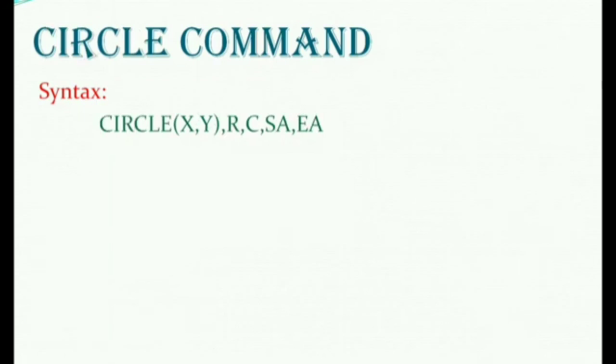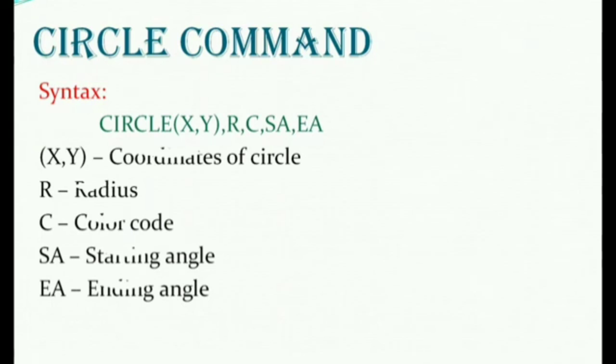Next, we are going to discuss the circle command. The circle command is used to draw a circle or an oval shape. We have to define the coordinates of the center, the radius of the circle and also the color. Here we can see the syntax of the circle command. First we have to mention CIRCLE, then in brackets X and Y, after that R, C, SA and EA.